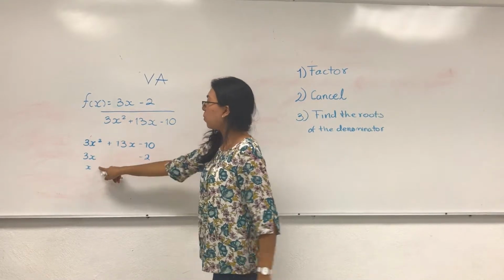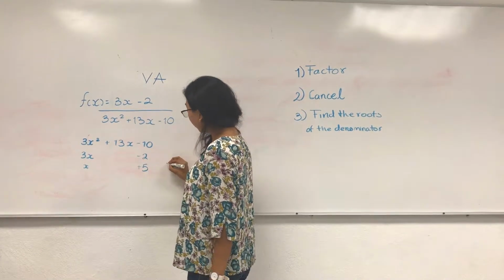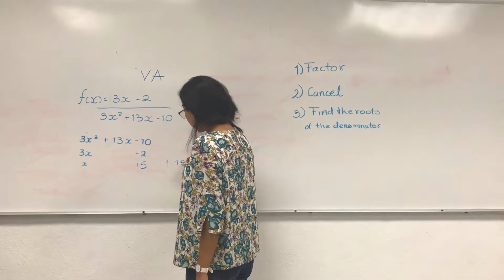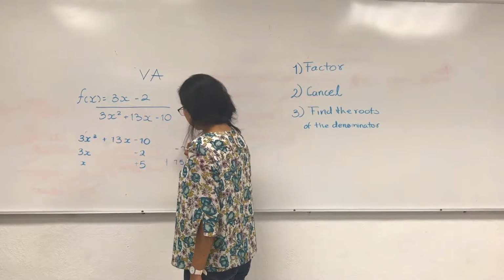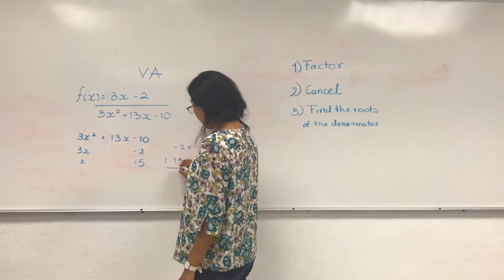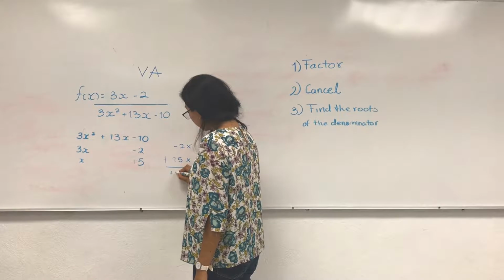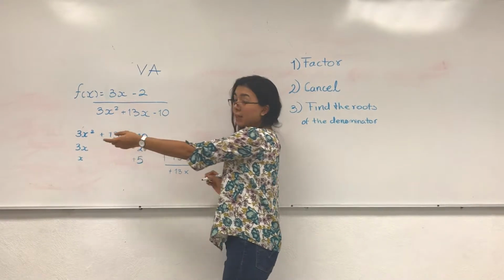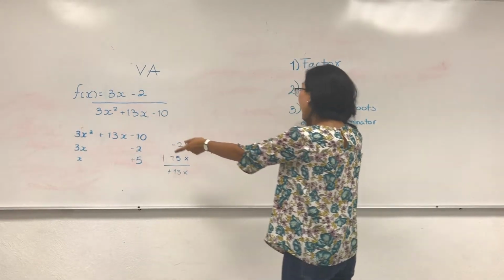Then we cross multiply, and we get plus 15x and minus 2x. We do the addition, and we get plus 13x, which is this, so that means that the factorization is correct.